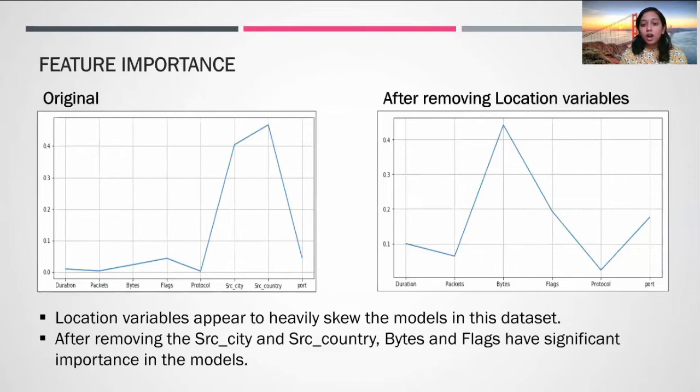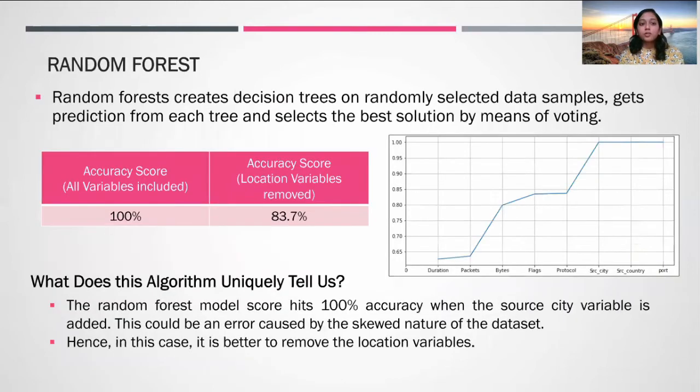This might cause the accuracy scores to go up or down. So we decided to do it both ways. One, using all the variables, and the second way is to remove the location variables and see how it affects our model.